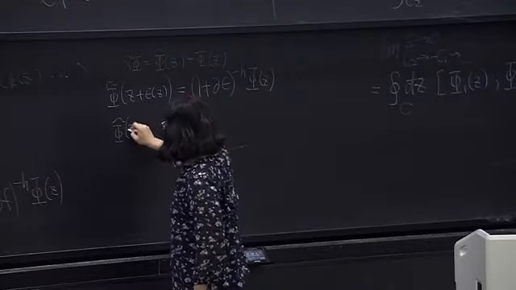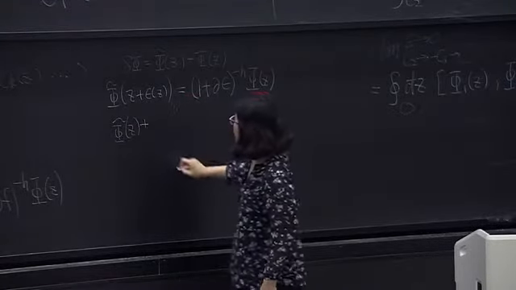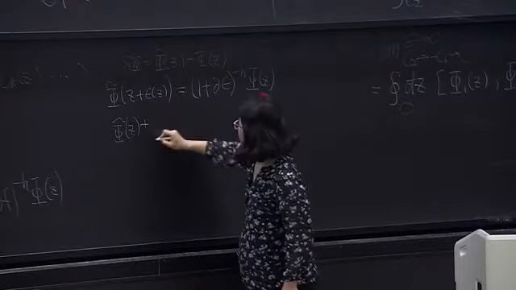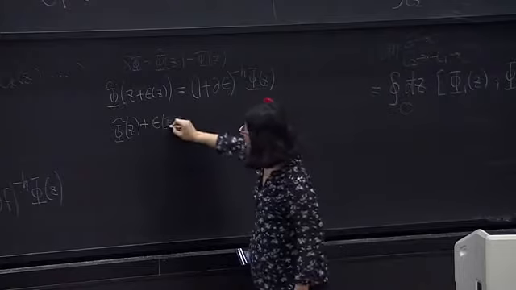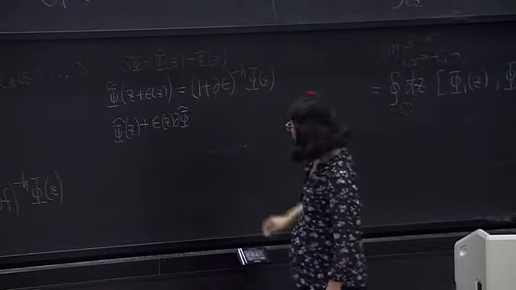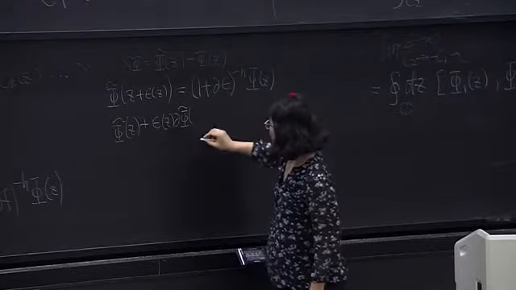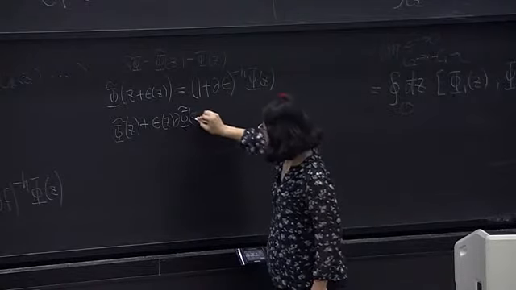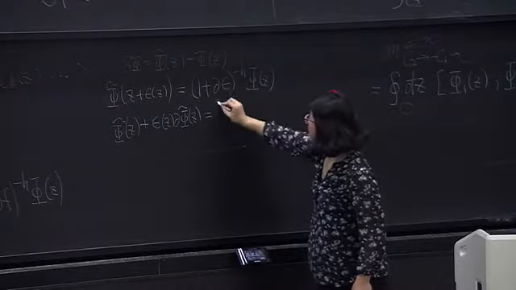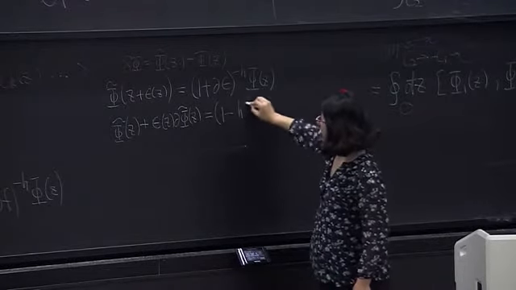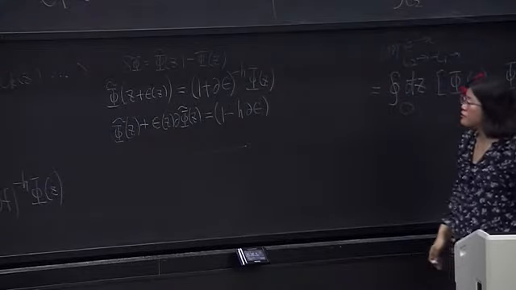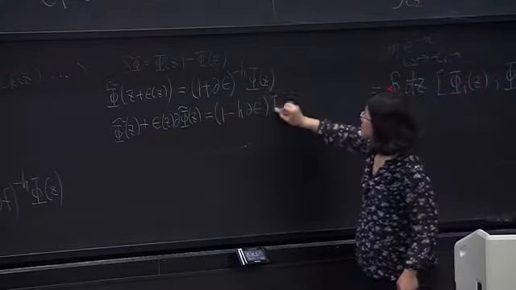I'm going to expand around this point, so I get phi plus epsilon times partial phi at z. On the other side I get 1 minus h partial epsilon. It's just a first order expansion.